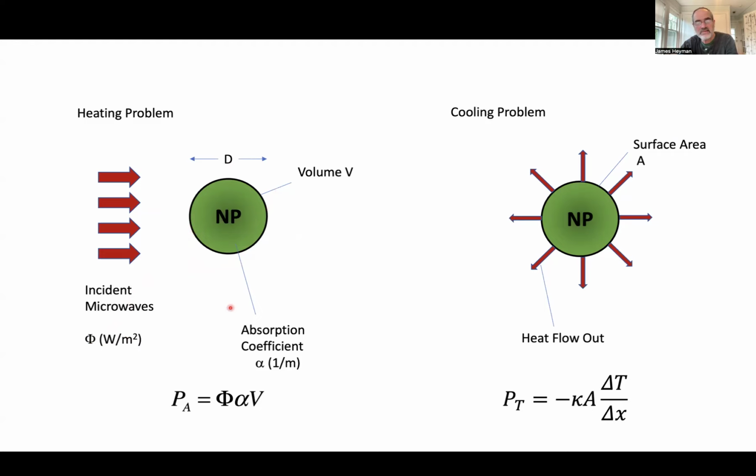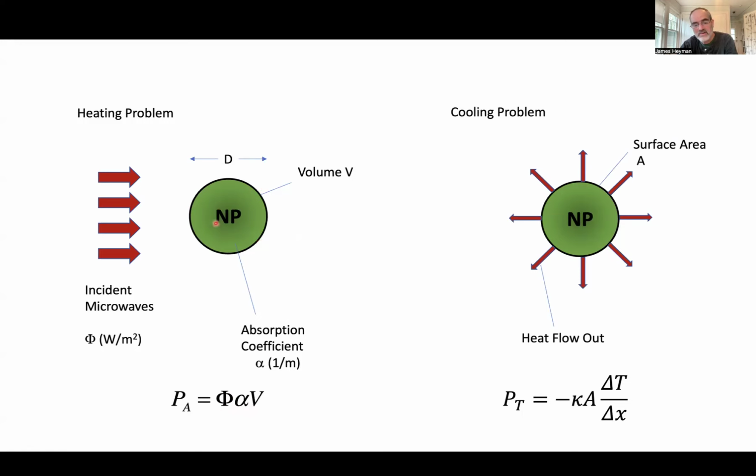The nanoparticle has some absorption coefficient, alpha, and it also has some volume. Alpha determines what fraction of the incident microwaves is taken up per unit volume. And of course, the volume tells us the total amount of power. So the amount of power that's absorbed by the nanoparticle, we'll call that P sub A, is equal to phi times alpha times V. It's equal to the intensity of the microwaves times their absorption coefficient times their volume, of course.